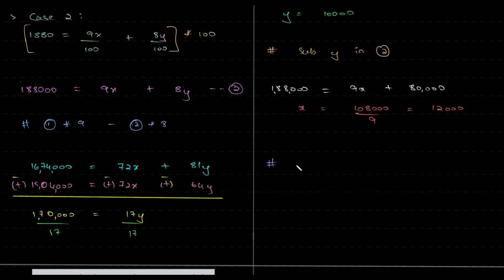So the amount on scheme A is rupees 12,000. Amount on scheme B is rupees 10,000. Okay, done. I think I didn't mess it up. X and Y are that.